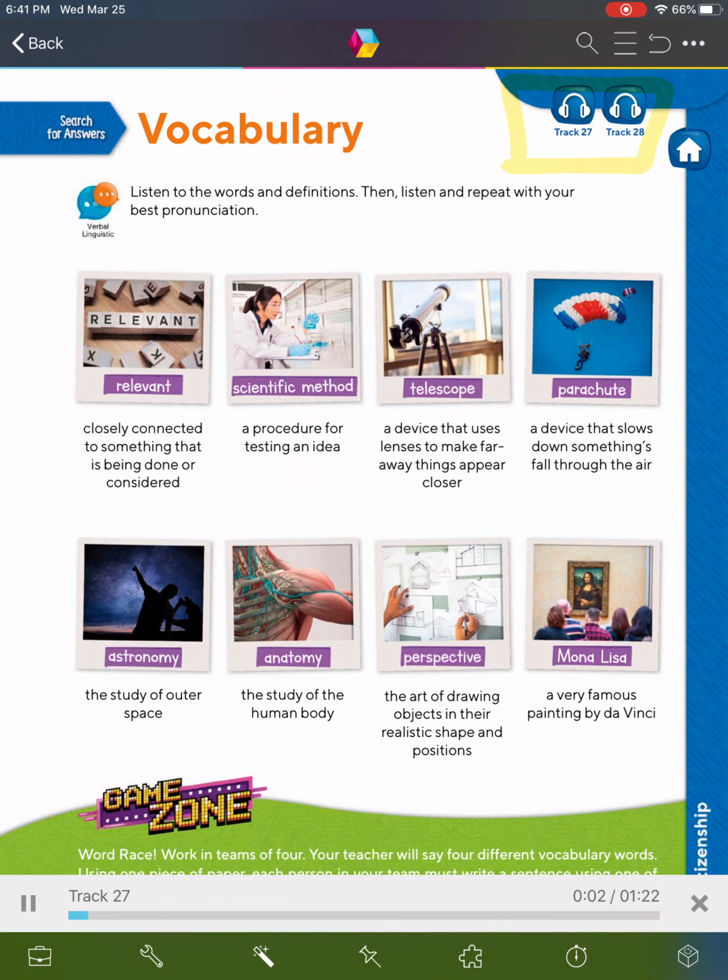Vocabulary. Listen to the words and repeat with your best pronunciation. Relevant. Scientific method. Telescope.